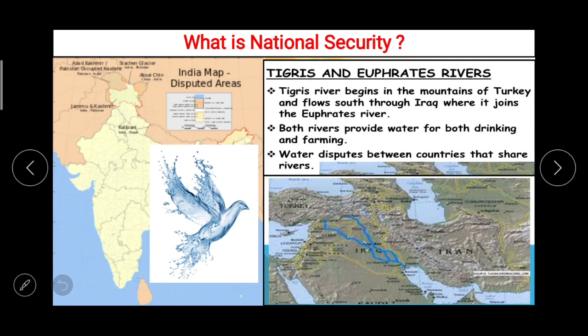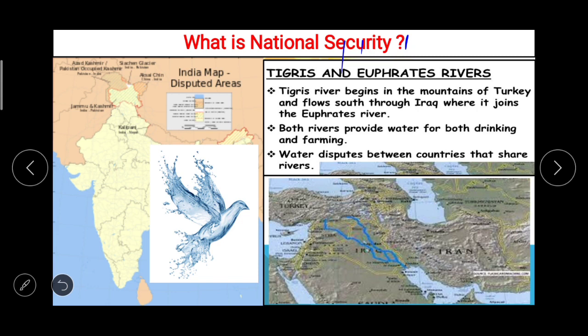So, the first and the most important thing, no nation ever wants direct war, because in war both countries between whom the war happens suffer losses, or if groups of nations are involved, then everyone suffers. As you can see on the screen, India map, that is disputed areas, and the Tigris river begins in the mountains of Turkey and flows south through Iraq, where it joins the Euphrates river.